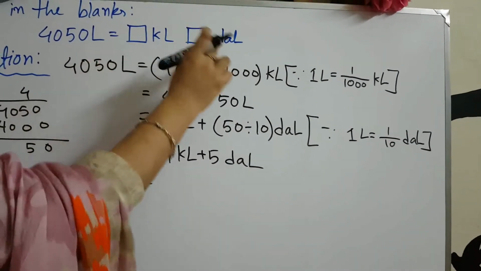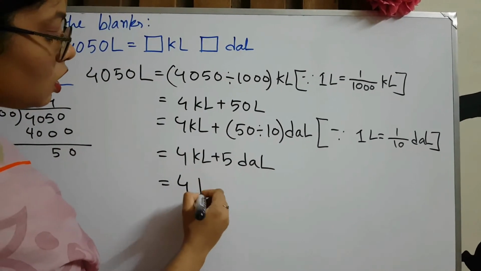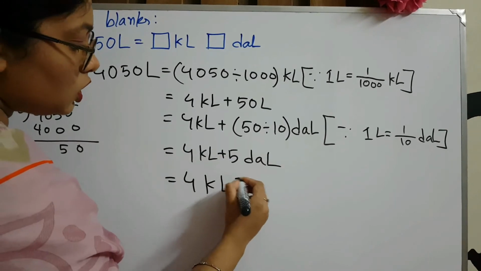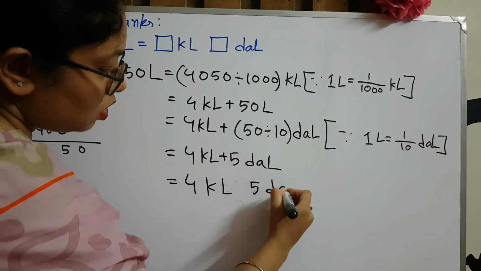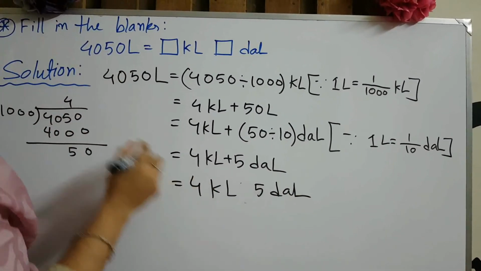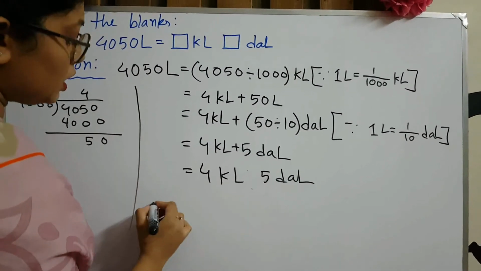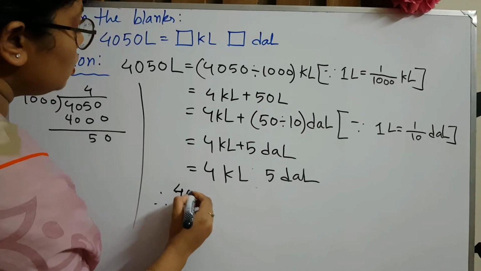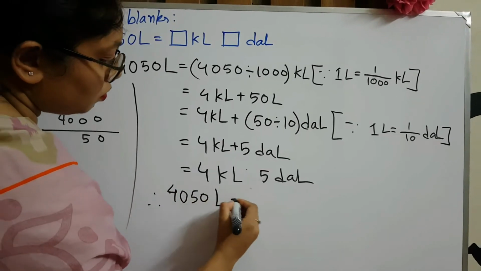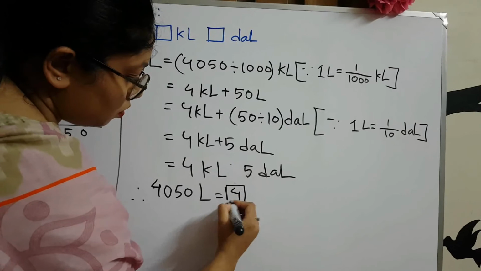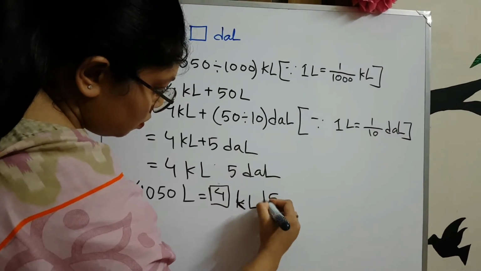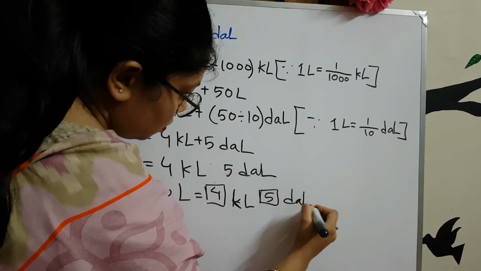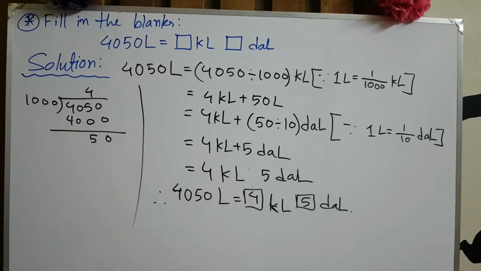Now we have our result, so we can remove the addition sign. So we get 4 kiloliter and 5 decaliter. So this is our answer.